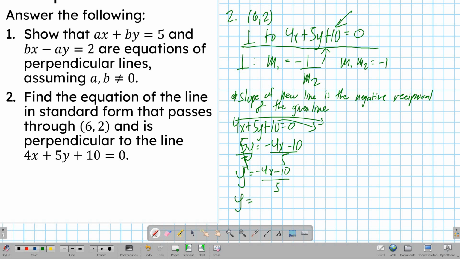So, y = -4x/5 - 10/5. Simplifying, this will become y = -4/5 x - 2. That's 10 over 5, so that's 2. Therefore, the slope of the given line is -4/5.